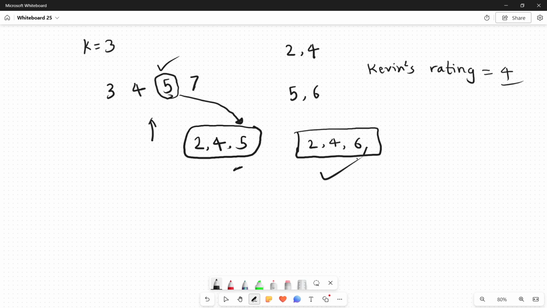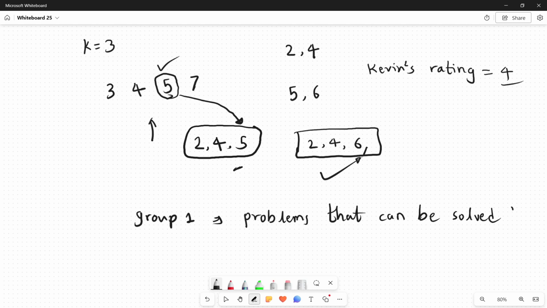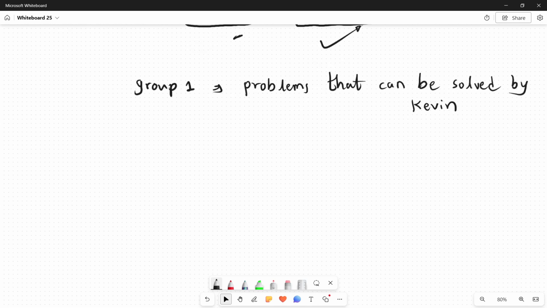So what I can observe is that I have to group the problems such that group 1 has problems that can be solved by Kevin, and group 2 has problems that cannot be solved by Kevin, right?